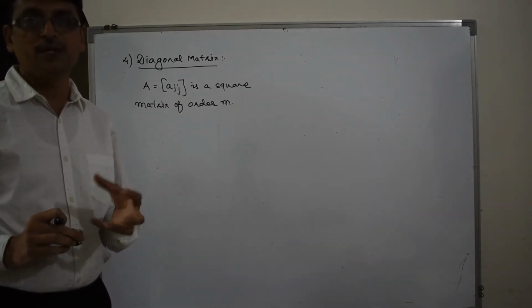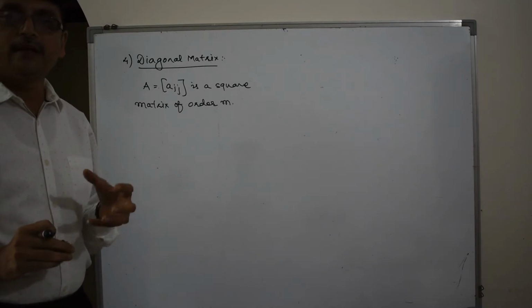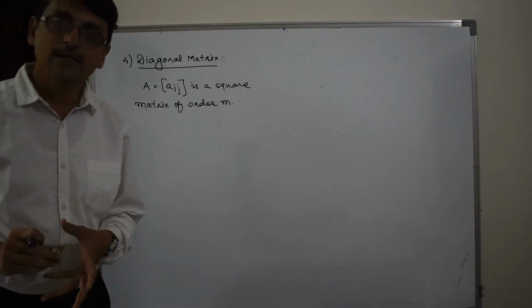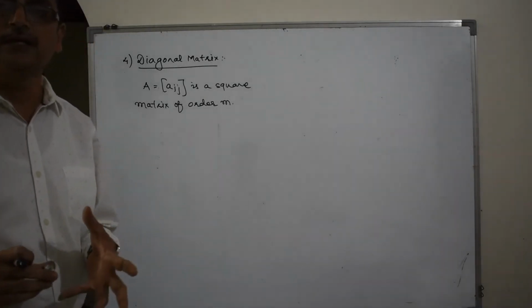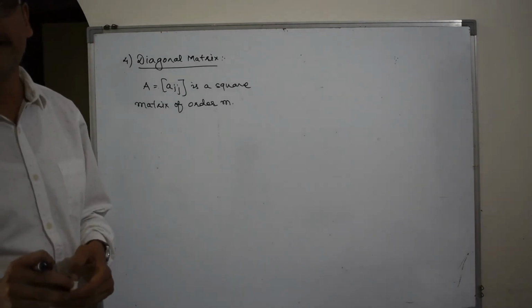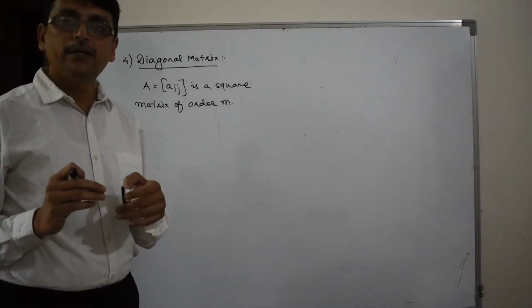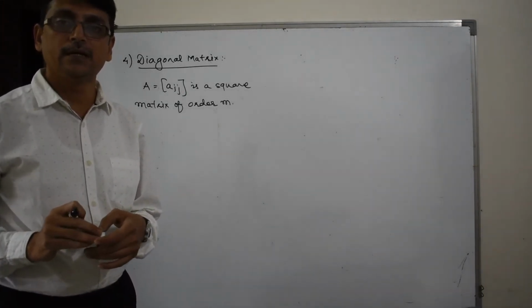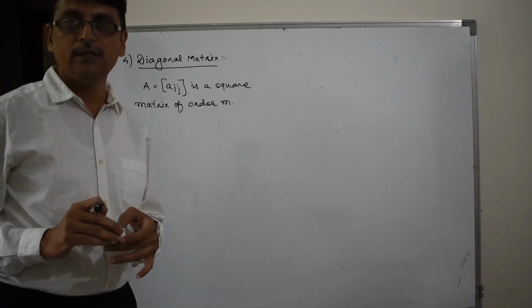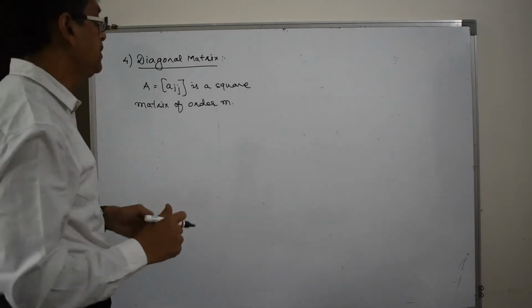The first one is straightforward. A matrix is said to be a diagonal matrix if, first of all, it must be a square matrix, and all the diagonal elements are non-zero and the rest of them are zero.